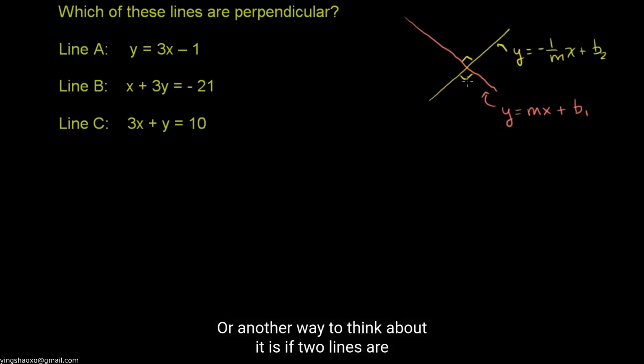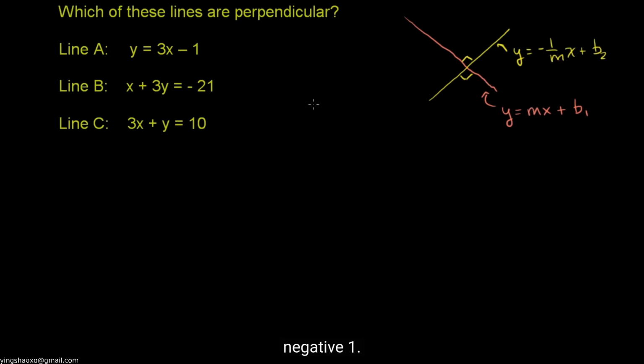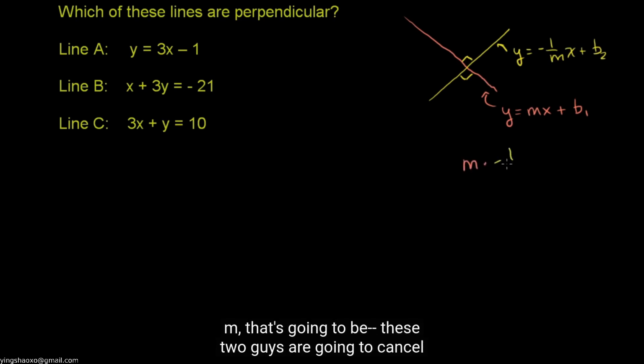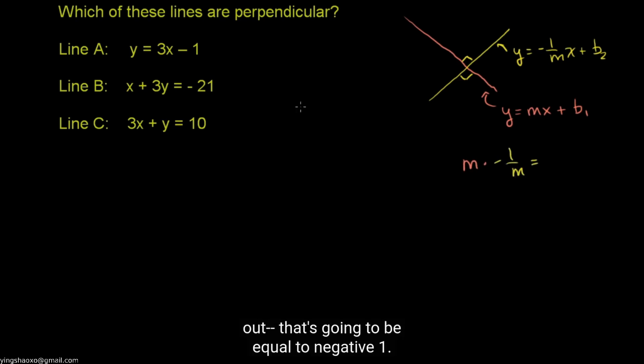Or another way to think about it is if two lines are perpendicular, the product of their slopes is going to be negative 1. m times negative 1 over m, these two are going to cancel out, and that's going to be equal to negative 1.